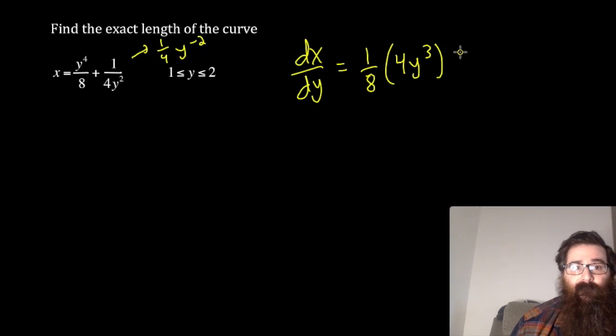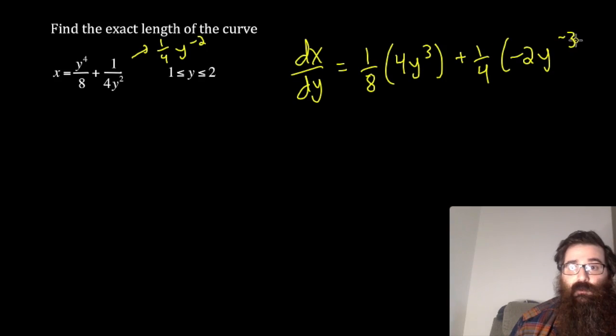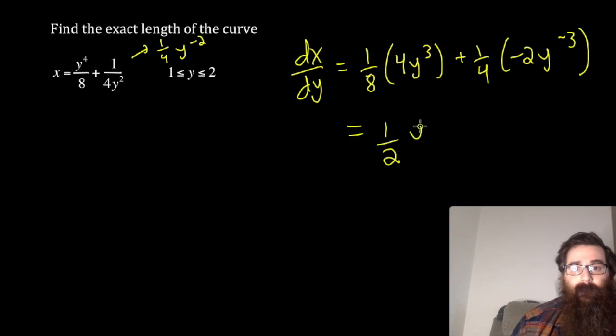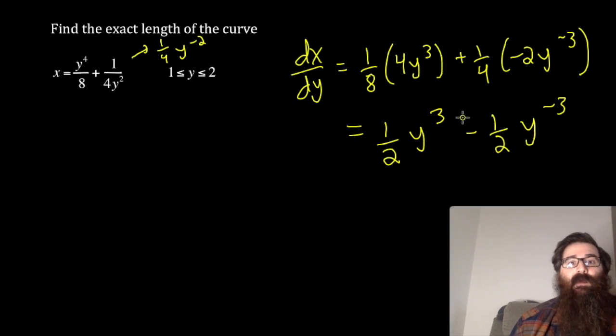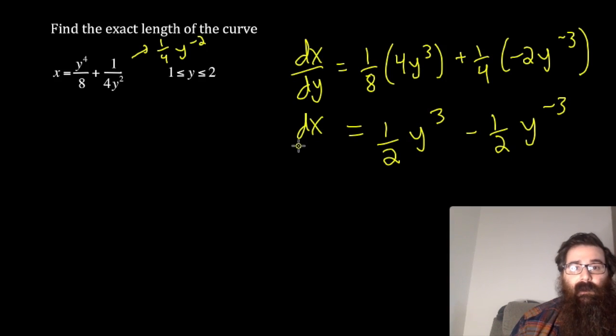So the coefficient 1/4 comes along for the ride. The derivative of y to the power of minus 2 gives us minus 2 y to the minus 3. Then we can clean up this derivative a bit. 4 divided by 8 gives us 1/2 y cubed. Here I get a negative 1/2, and that's y to the minus 3. So this is what we get for dx dy.